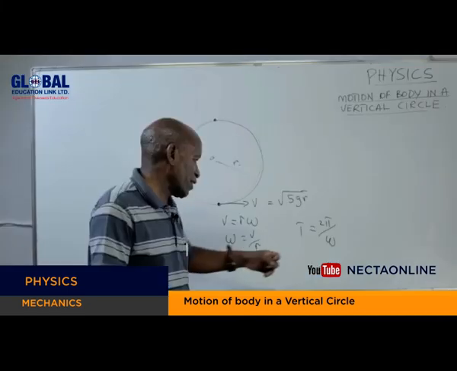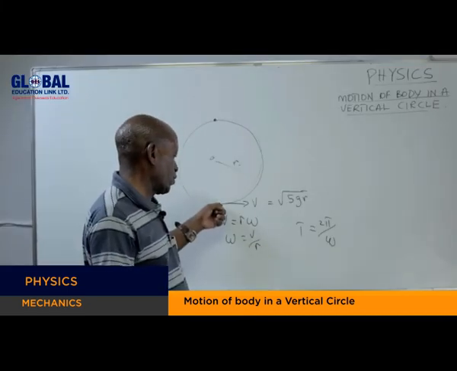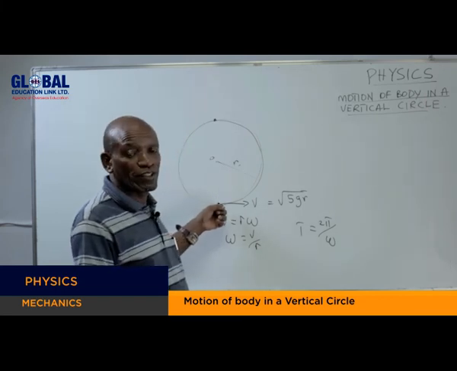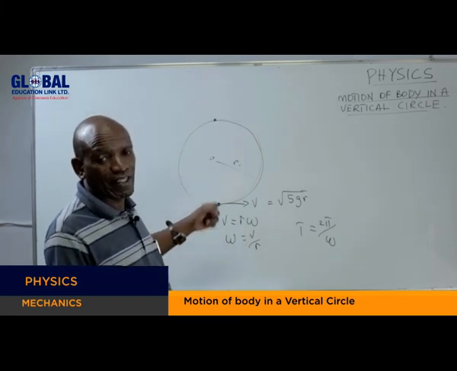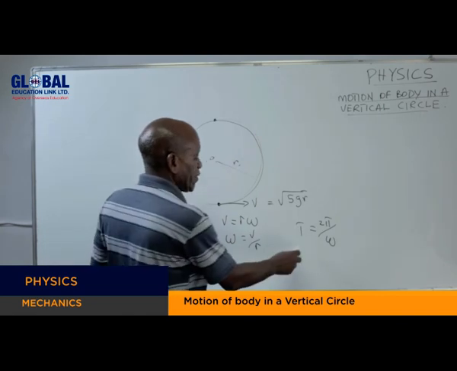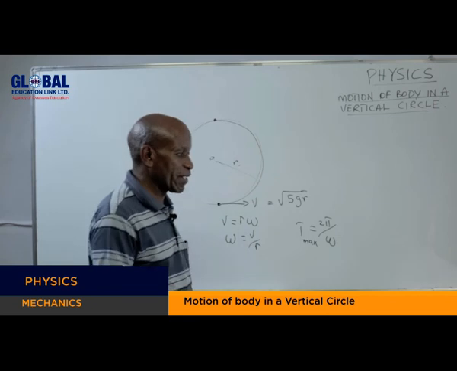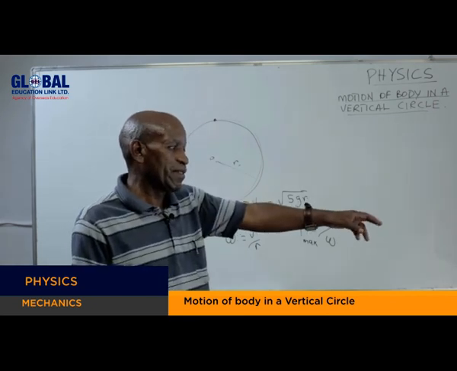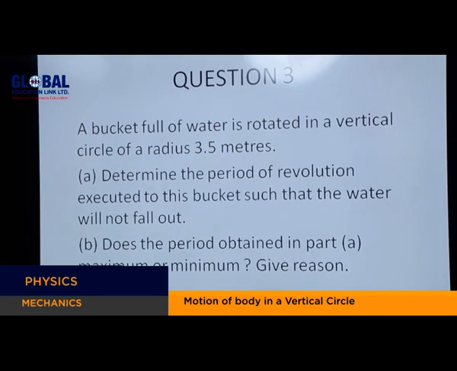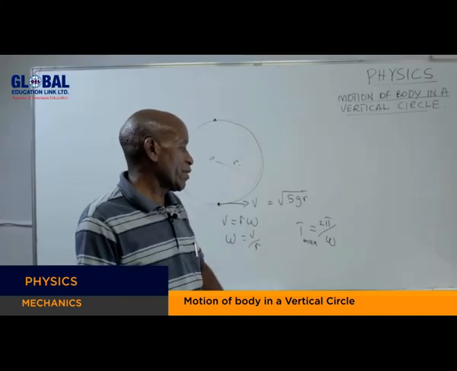And this period, as long as you have obtained it by using the minimum velocity at which the bucket is passing at the lowest point, will be the maximum. So for part B, the period obtained in part A, that particular period T, will be the maximum period.